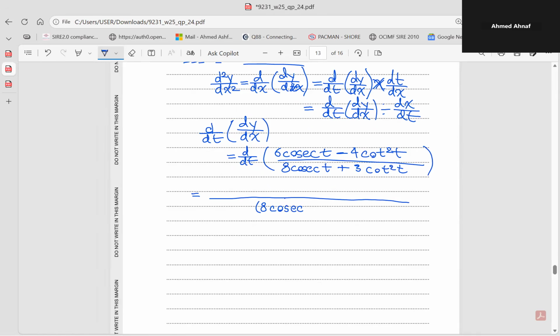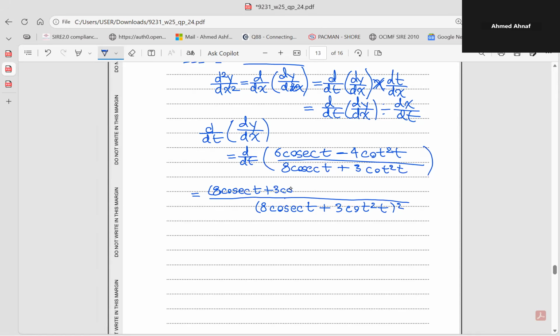So we are going to square the denominator, so we keep the denominator, 8 cosecant t plus 3 cotangent squared t, and then we differentiate the numerator.